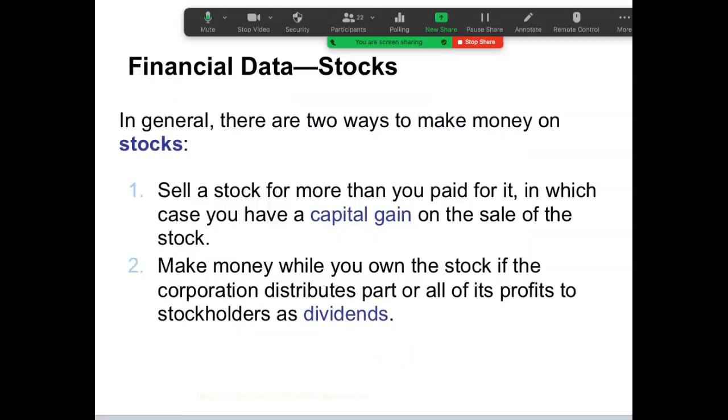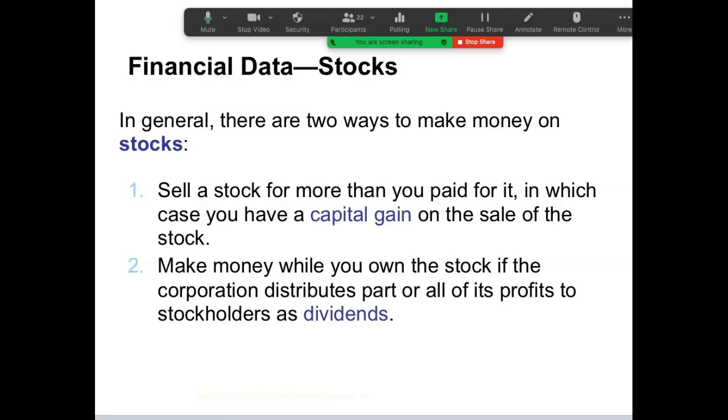All right, so there are two ways to make money on stocks. The easiest way, and the one that we just kind of went over, is get a capital gain. And that's where you buy a stock at a certain price, that stock goes up in price, and then you sell it at a higher price. Boom.